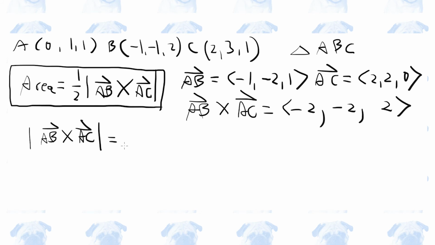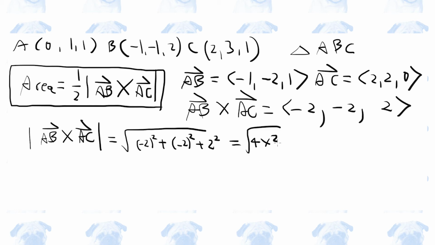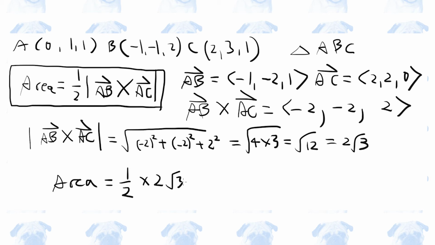The magnitude is the square root of the square of the x component plus the square of the y component plus the square of the z component. 4 times 3, root 12, which is 2√3. So the area is 1/2 times 2√3, which is √3. And this is the answer.